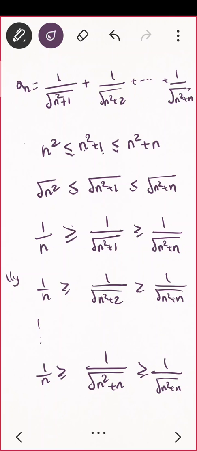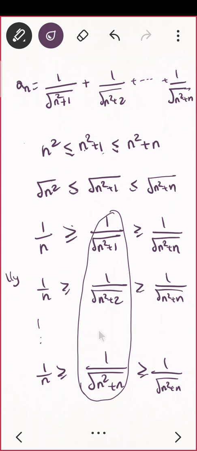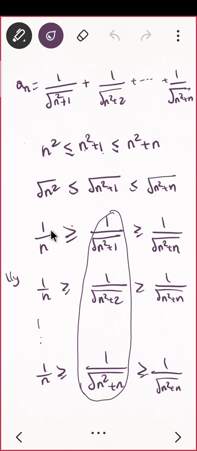Yes, add all this. If we add all these, then in the middle you'll be having your an. Can you tell me what is this and what is this? It will be 1 by n, 1 by n, how many times? n times. So it will be n into 1 by n.